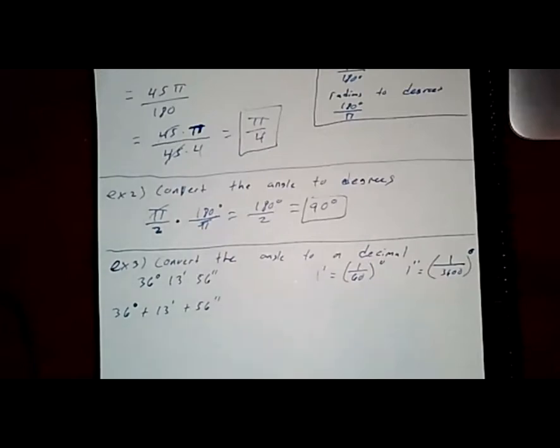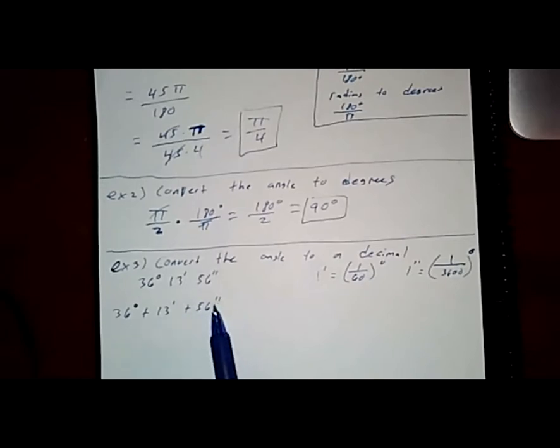When we say 'and 2/4,' that means plus, right? 3.5 means 3 plus 1/2 inches. Same thing here. You're just adding them. So we're going to convert these separately and then add it to the original, and we'll have our answer.